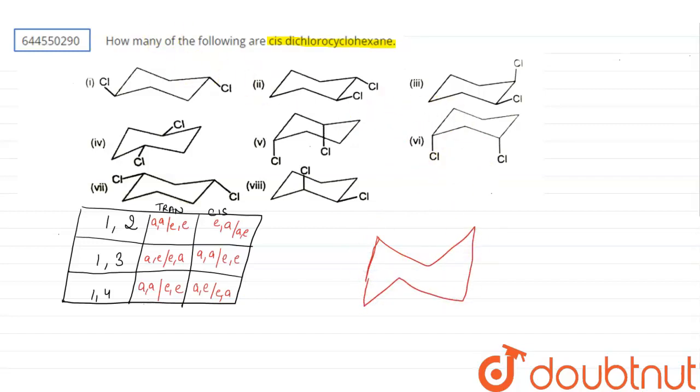Now the second thing we should know is which positions on the cyclohexane ring are equatorial and axial. So this is our structure of cyclohexane, and I'm going to draw axial with the green part, this one axial, this one also axial, and one more axial point, this is axial. And I'm going to draw equatorial with the blue part.